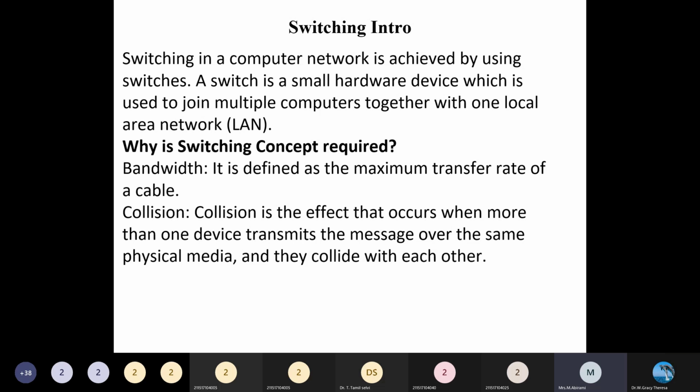For example, when we send a message in Gmail or WhatsApp, the data rate, that is the bit rate or frequency, decides how fast the data is recovered here and there in a social network. That is a collision. Sometimes the device cannot identify which data is required at a time, and that is called a collision.